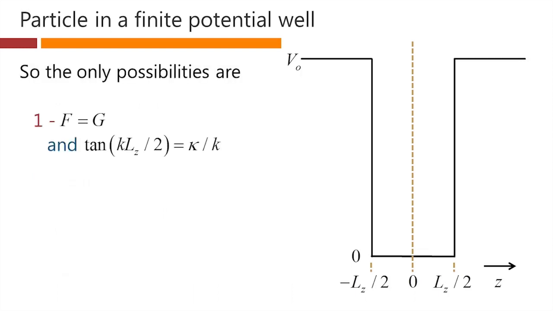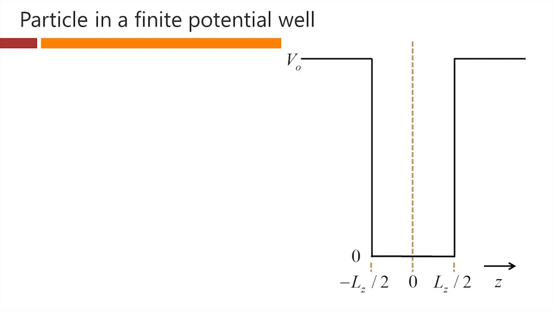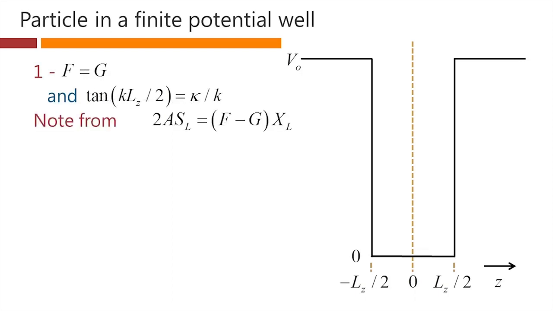So, first possibility, f is equal to g, and then this condition is going to apply, or f is equal to minus g, and this condition is going to apply. So let's look at the condition f is equal to g, in which case we know that this condition is going to apply.